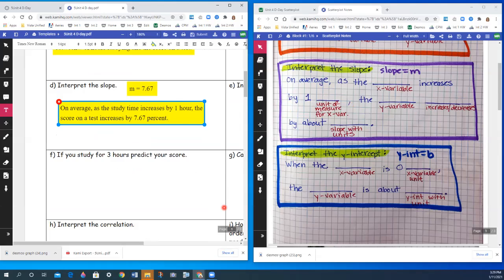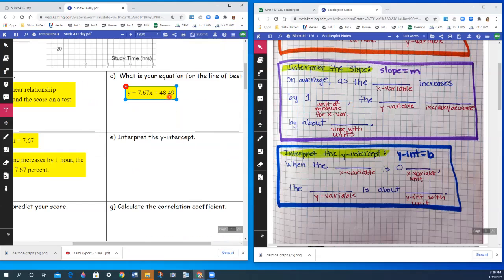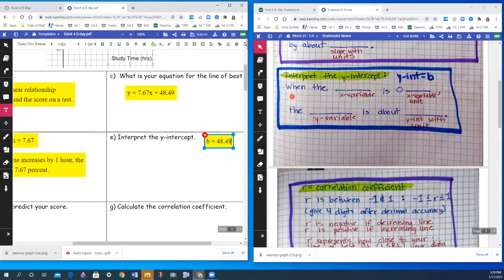Okay, so now the next thing we're going to do is interpret the y-intercept. Again, you can find your y-intercept right here. So I am going to just put b equal 48.49. That way I remember what it is. And then I'm going to be doing this sentence from right here.